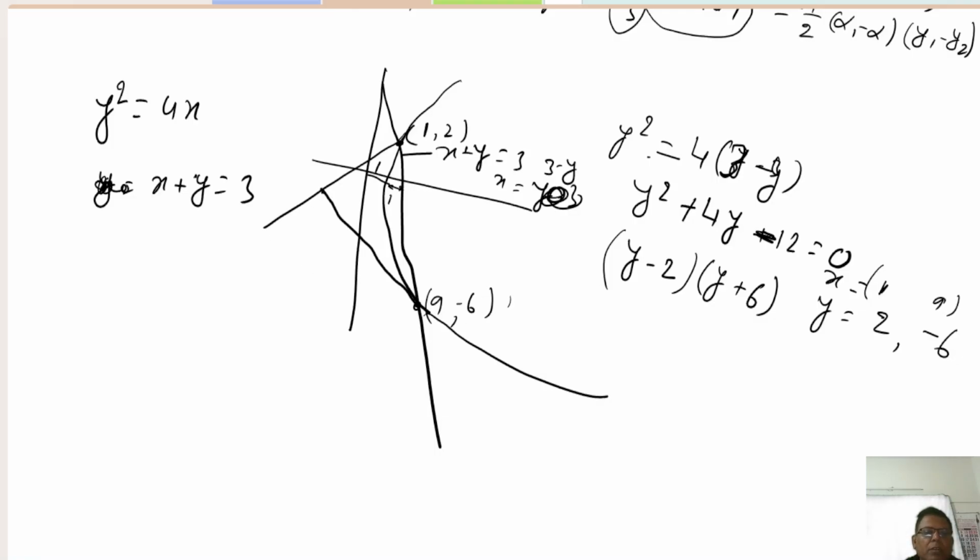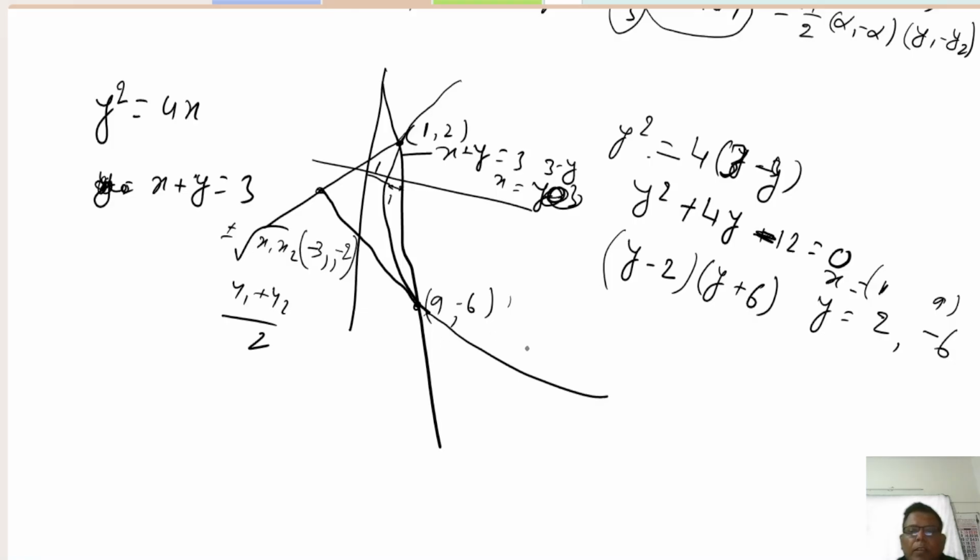So what will be this coordinate? This coordinate is plus minus root x1 x2 and y1 plus y2 divided by 2. Root x1 x2, so x1 x2 is 9, then root is 3. Whether to take plus or minus, calculate 2 into minus 6, that is negative. So it will be negative 3. So this coordinate is negative 3, and this coordinate is minus 6 plus 2, minus 4, divided by 2, is equal to minus 2.